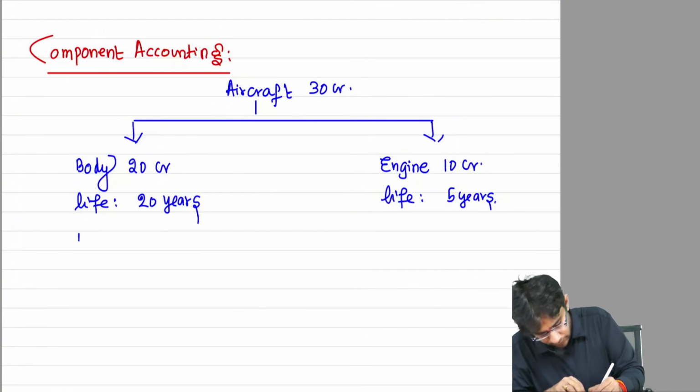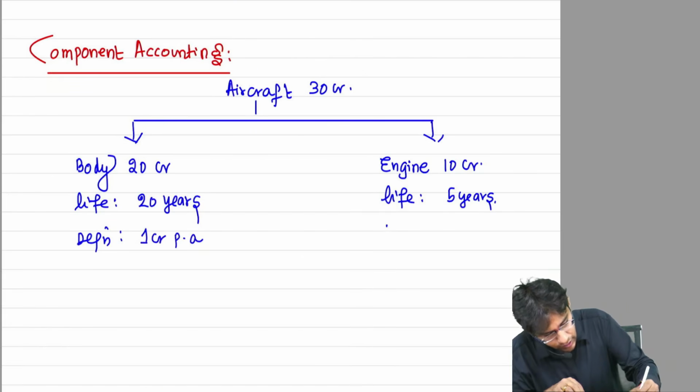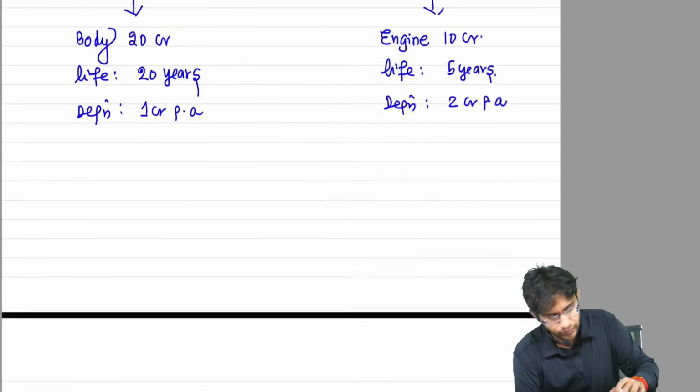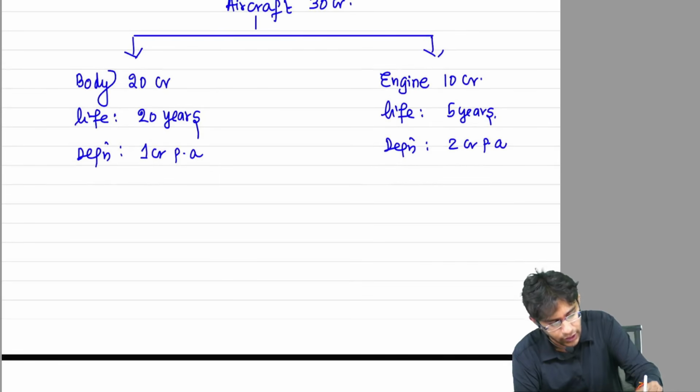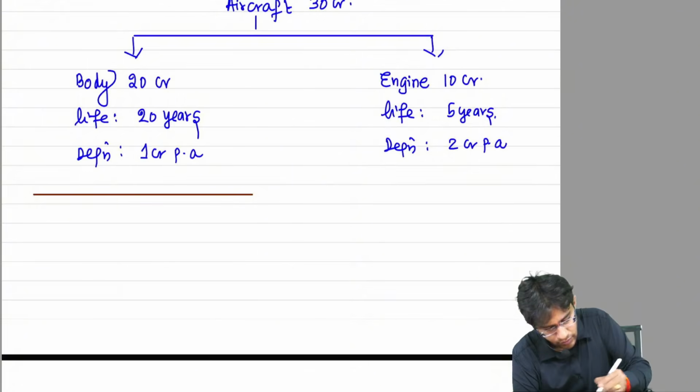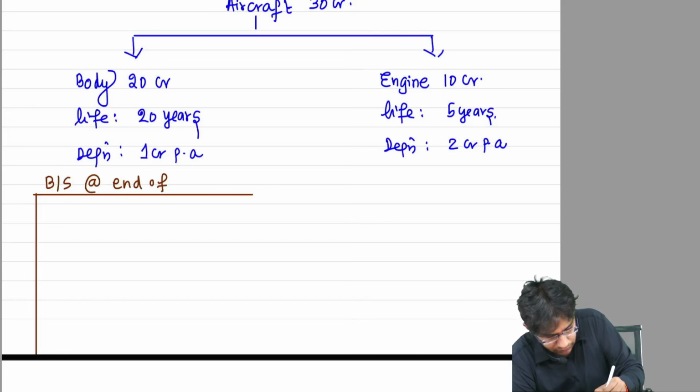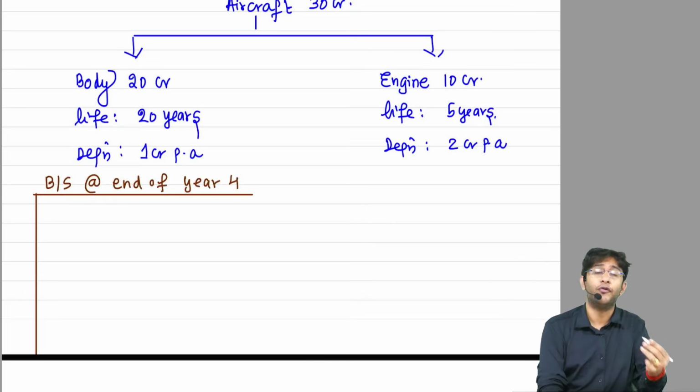Now, therefore, depreciation is also charged, assuming the straight line method, 1 crore per annum for the body. For the engine, depreciation is 2 crores per annum. Now, I want you to visualize the balance sheet at the end of year 4.